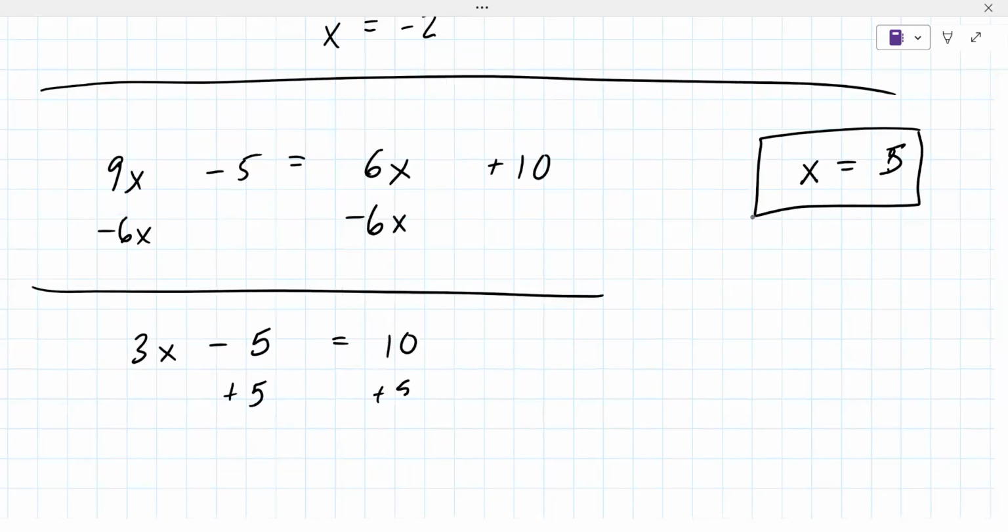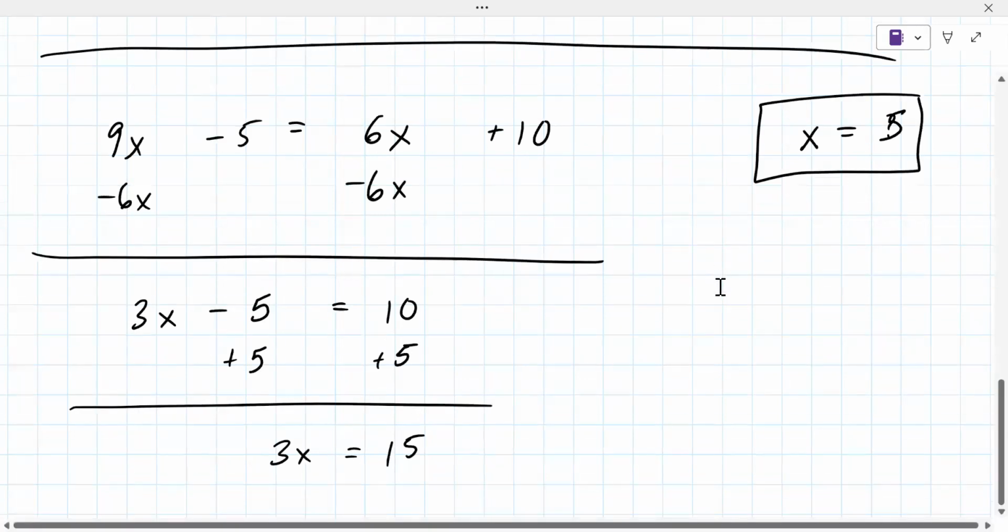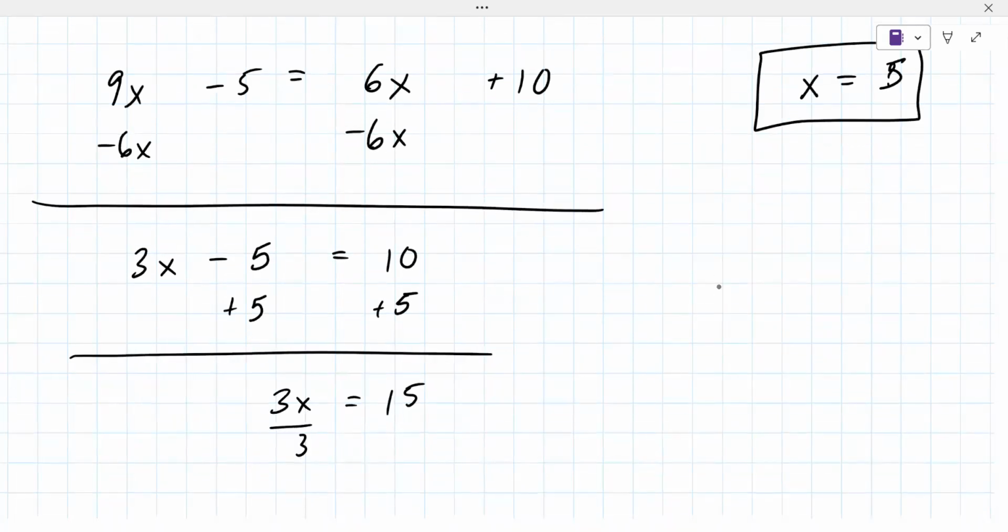Add 5 to both sides. 3x equals 15. Divide by 3, x equals 5. Good.